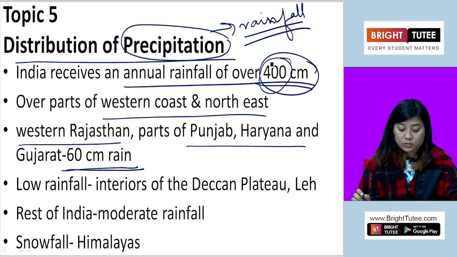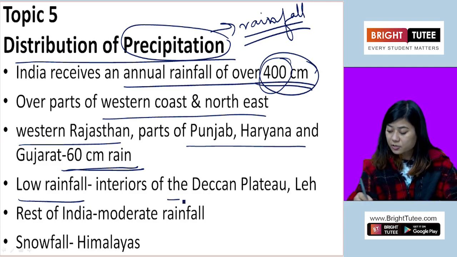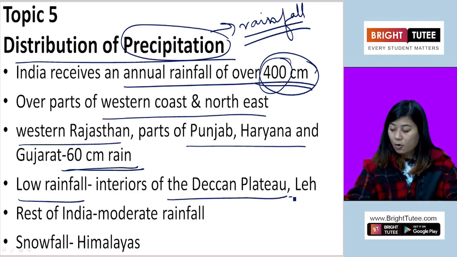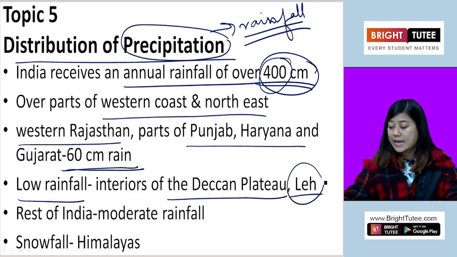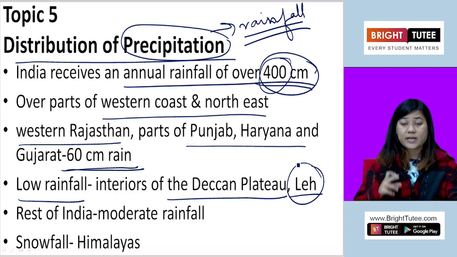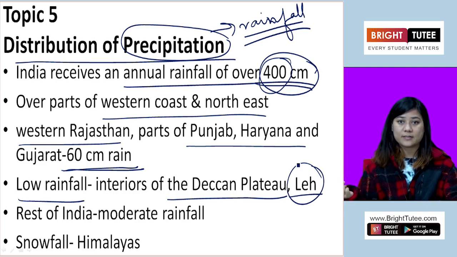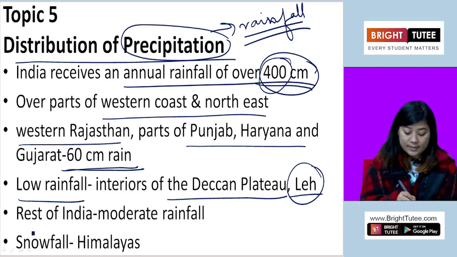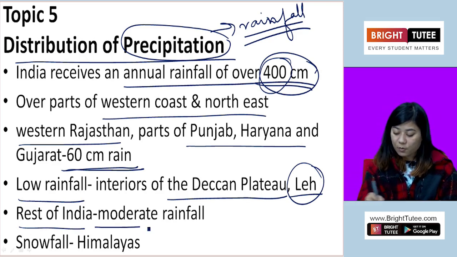So low rainfall is received in the interiors of the Deccan Plateau, and also in some areas of Jammu and Kashmir like Leh. Rajasthan, Punjab, Haryana and Gujarat also receive little rainfall compared to the other parts of the country. Now, the rest of India receives moderate rainfall.